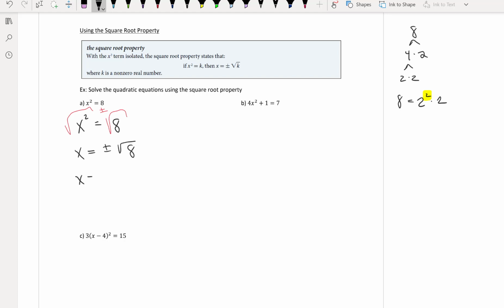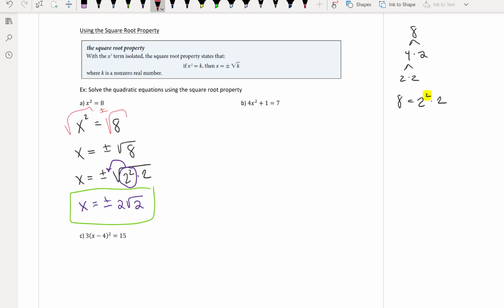So I have that x is equal to plus or minus the square root of 2 squared times 2. The reason we do that is so that this 2 squared can jump out, and I can rewrite it as x is equal to plus or minus 2 square root 2. And that is going to be my final answer. So let's go ahead and look at part B.